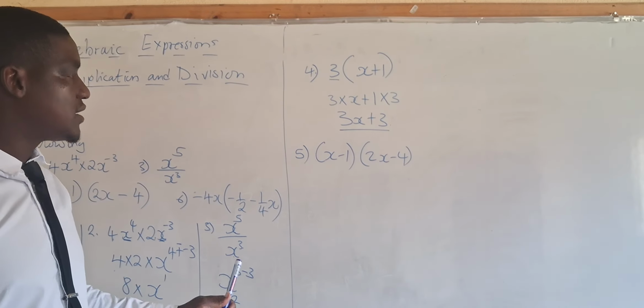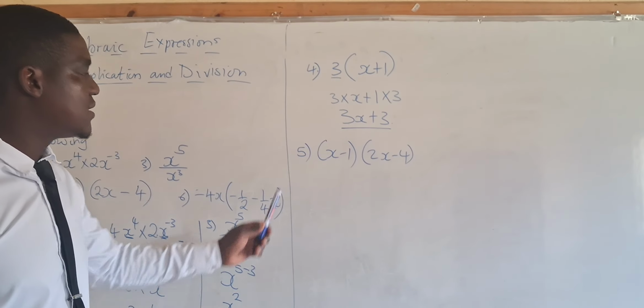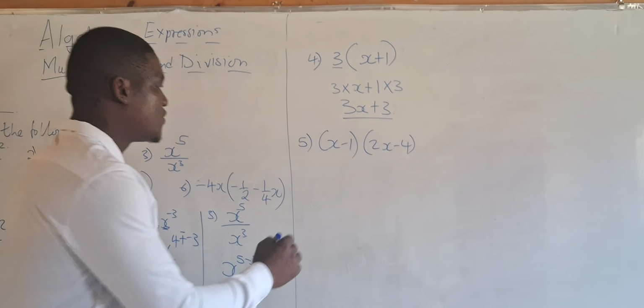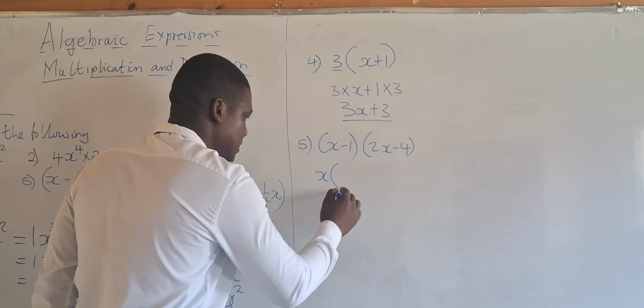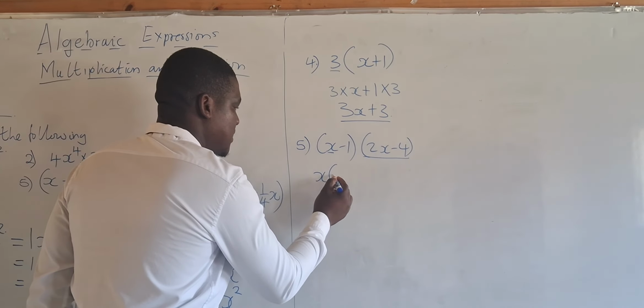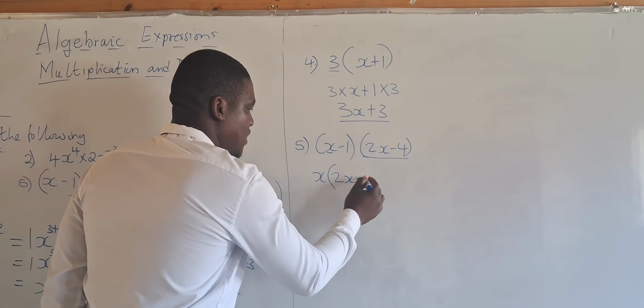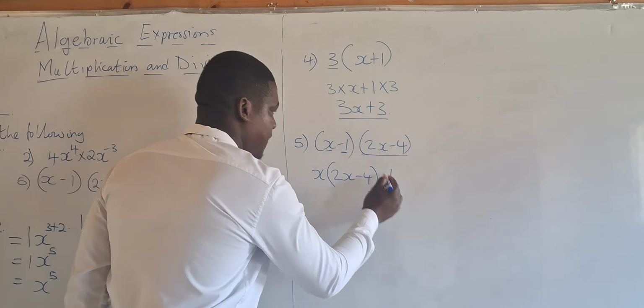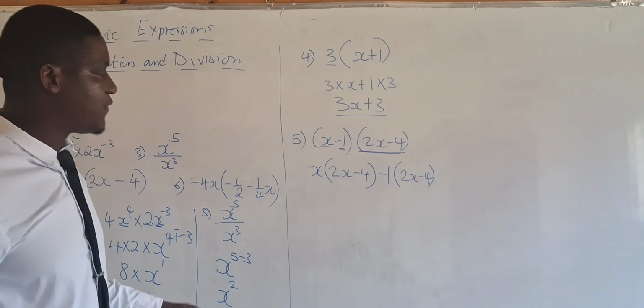So the rule says first bracket affects the second bracket. So you say this x will multiply everything here. So you are saying x multiplies to x minus 4 and the minus 1 affects everything here, 2x minus 4. And then you remove brackets from here.